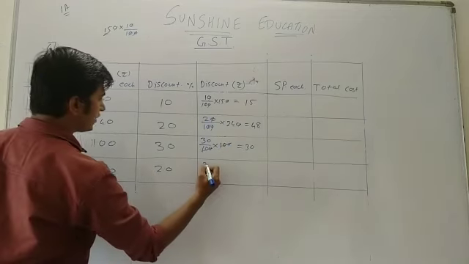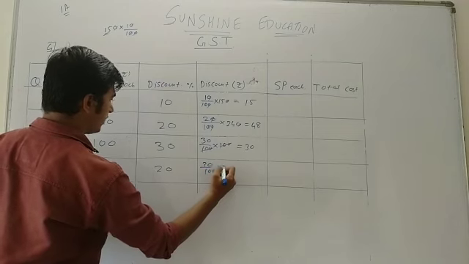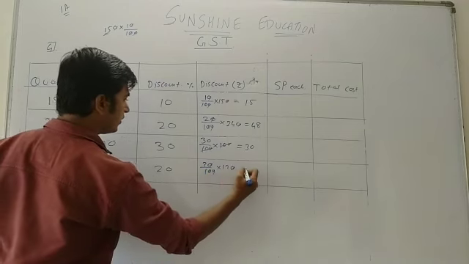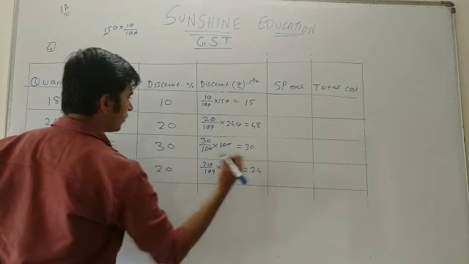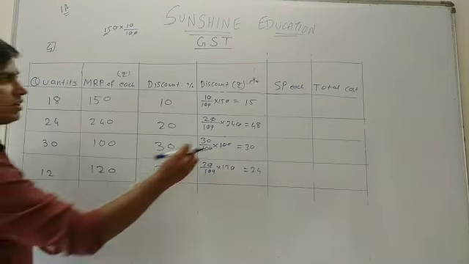And 20%, that is 20 upon 100 multiplied by 120, zeros cancel, 12 times 2 is 24. So I got the discounts.